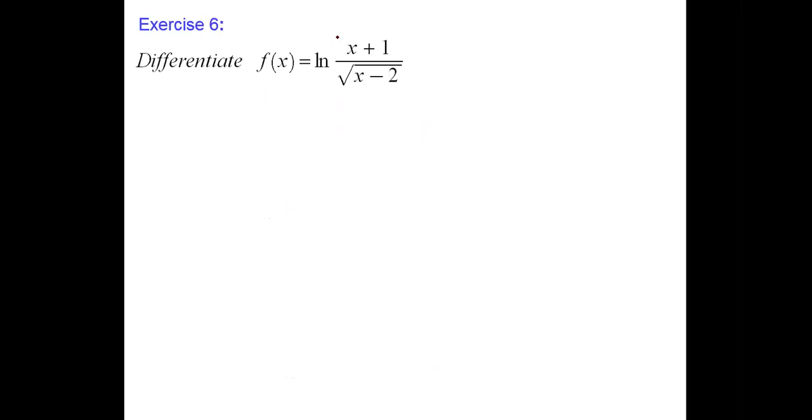Okay, maybe one more. Ln of the whole quantity, x plus 1 over the square root of x minus 2. That's what I will do before I actually differentiate: rewrite. Because when I'm dividing arguments, this means I have a subtraction of logarithms.